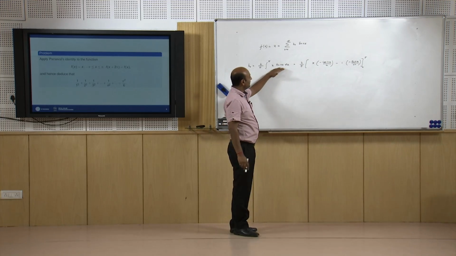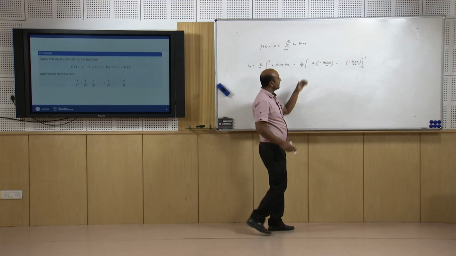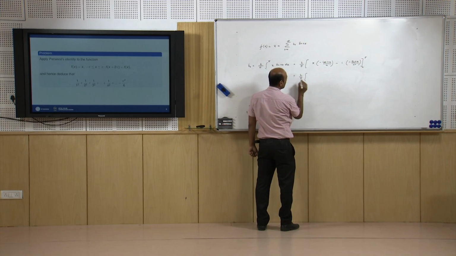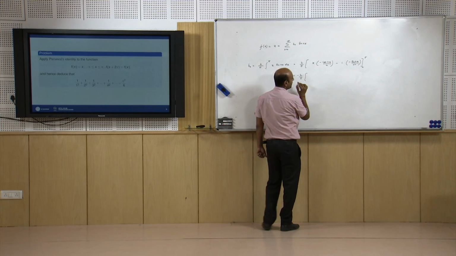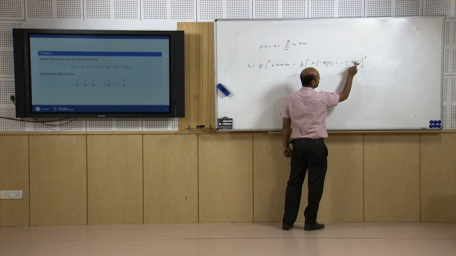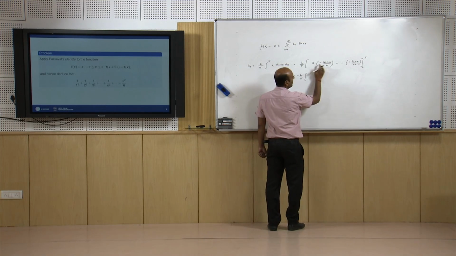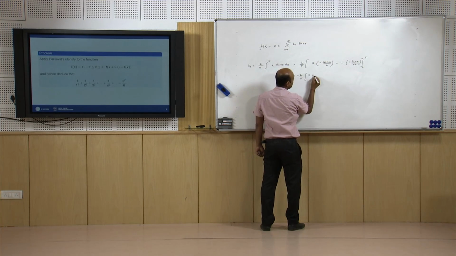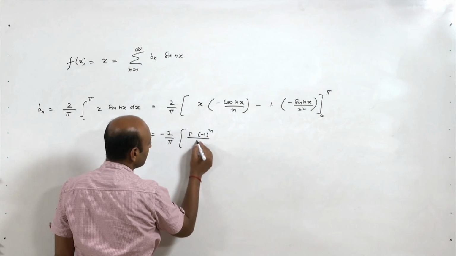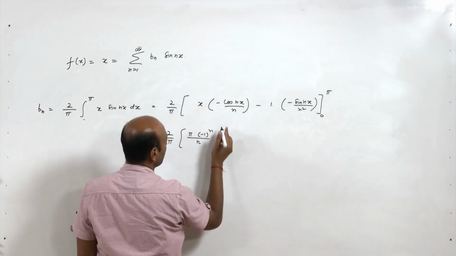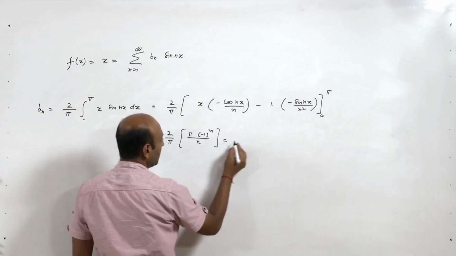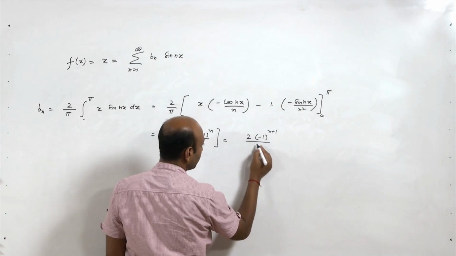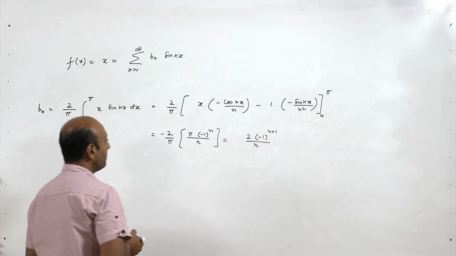So, applying integration by parts we obtain this. Now, take the limits: 2 upon pi, negative will come outside. It is 0 when x is 0, and when x is pi, it is nothing but pi into (minus 1) to the power n upon n. So, it is nothing but 2 into (minus 1) to the power n plus 1 upon n. So, this will be b n.